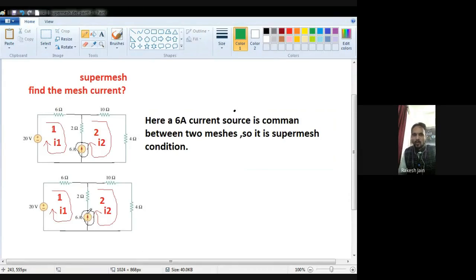Now how to solve any question related to a super mesh? Kindly look carefully. First of all, just see the question once again, and wherever the current source is given, just write down the equation of that branch.